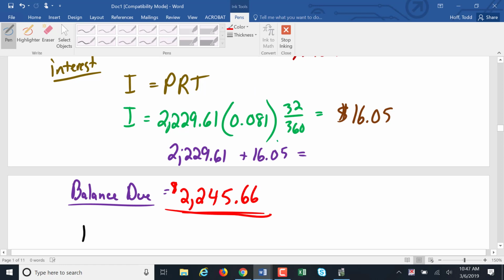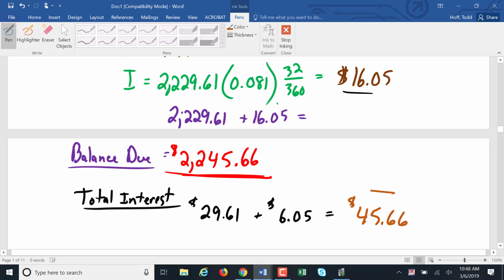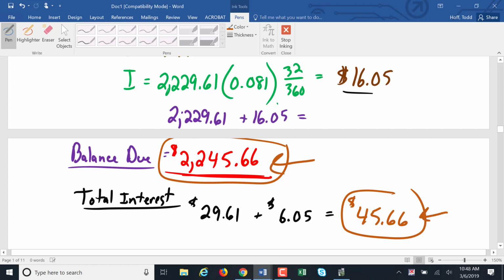Our total interest: well, we had interest calculated twice here. Remember, at the payment, we had interest of $29.61. And then at the end, we had an additional $16.05 of interest. We add that up to get a total of $45.66 in interest. So those are the two answers, the balance due at maturity and the total interest on that account.